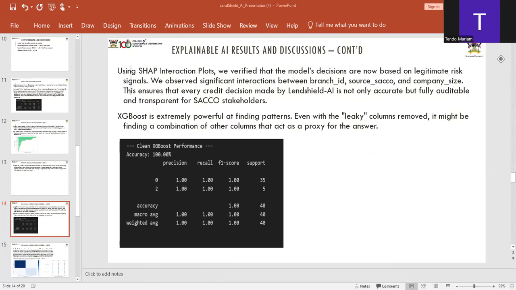I observed significant interactions between the branch ID, source circle, and company size, and this ensured that every credit decision made by Lendshield is not only accurate but fully auditable and transparent for stakeholders.